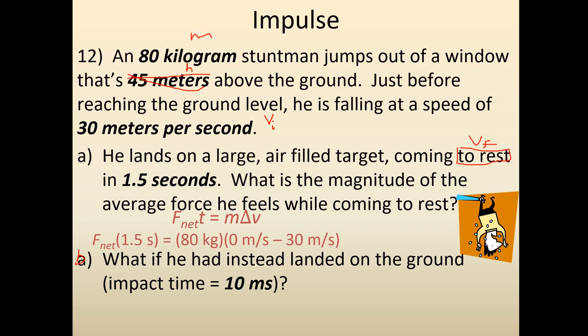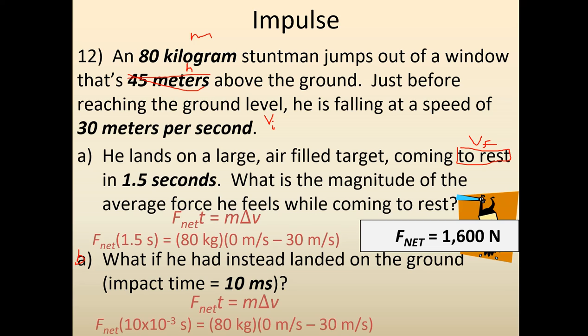So when we plug the numbers in using the 1.5 seconds, we get that the force this person is going to feel is a little bit over 1,600 newtons, which is a fairly high force. But when we look at scenario B, where it's actually landing straight on the ground, this time with the time being 10 milliseconds, we're going to want to make sure that we convert that milliseconds into seconds.